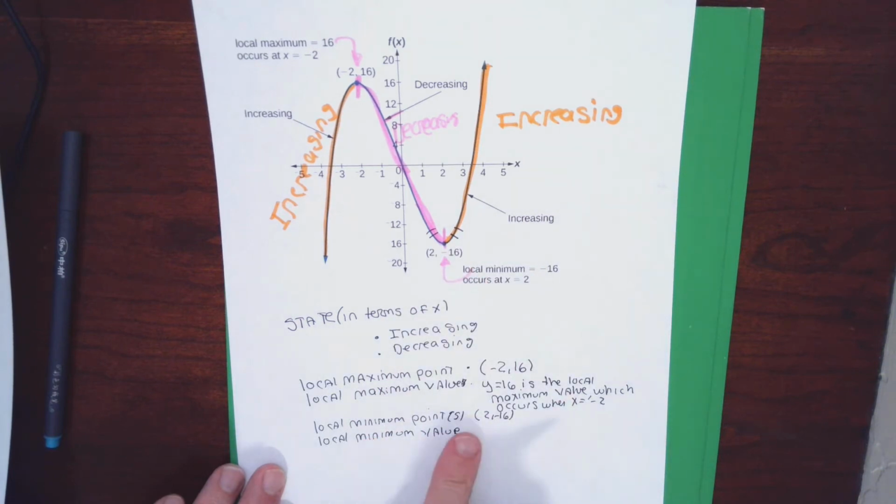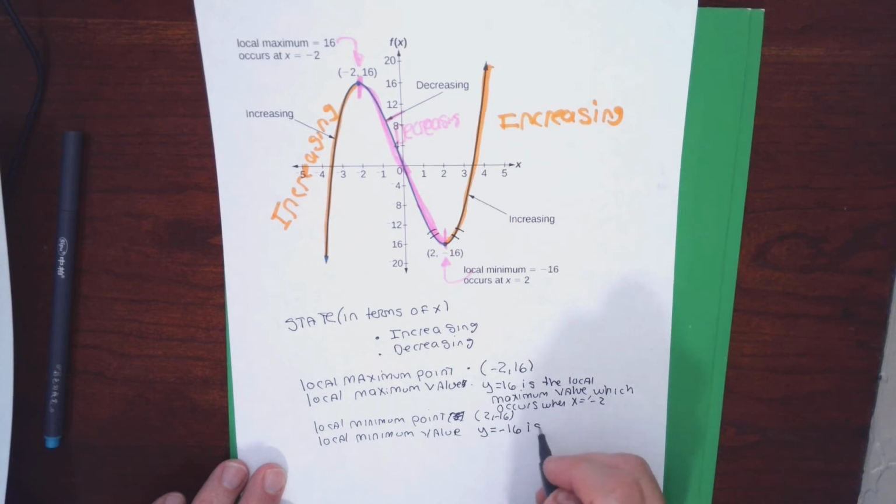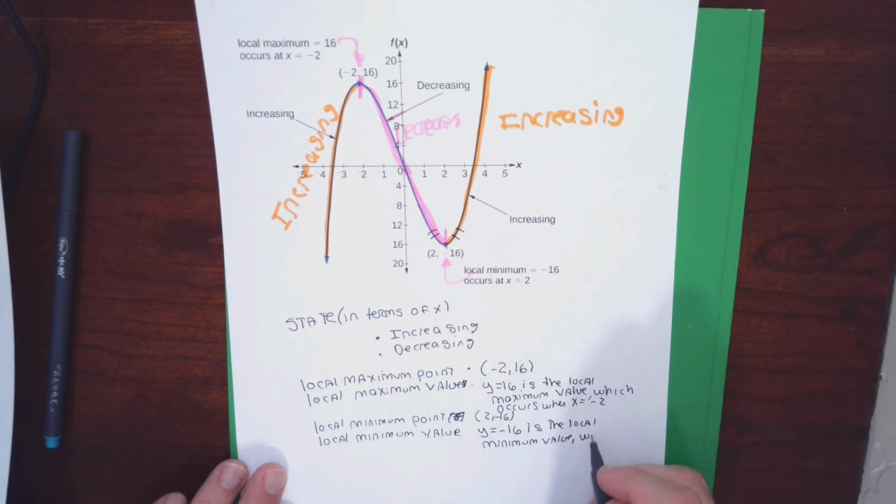So the local minimum point is the point 2, -16, and the local minimum value is y equals -16. I might say y equals -16 is the local minimum value, which occurs when x equals 2.